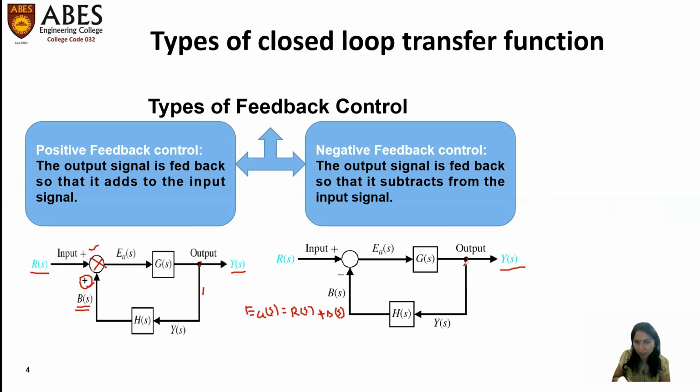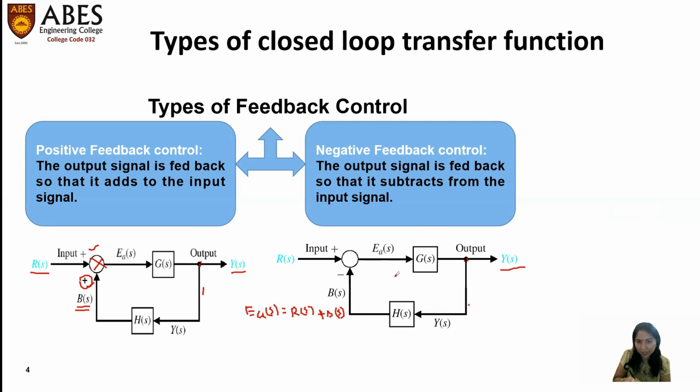We have taken this output from here and we are feeding it to the summation point with the negative sign, right? So Y(s) we have taken, multiplied by H(s), we will get the feedback signal B(s). With the negative sign, we are giving it to the summation point.